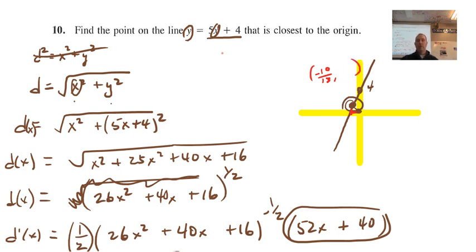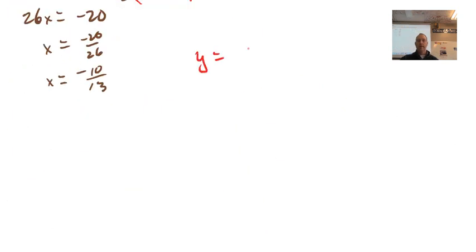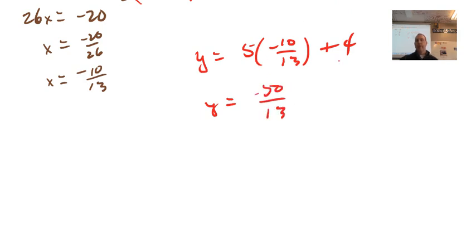And so simply, we put negative 10 over 13 into our original equation and we solve. So y equals 5x plus 4, that is 5 times negative 10 over 13 plus 4. Okay, y is going to be negative 50 over 13. 4 times 13 is 52, so plus 52 over 13.